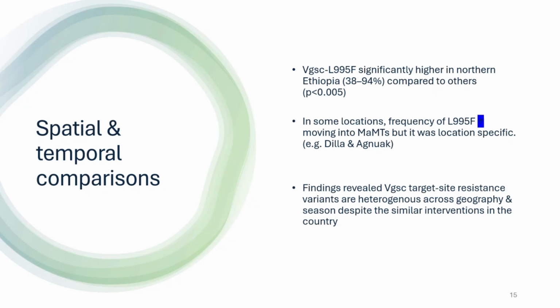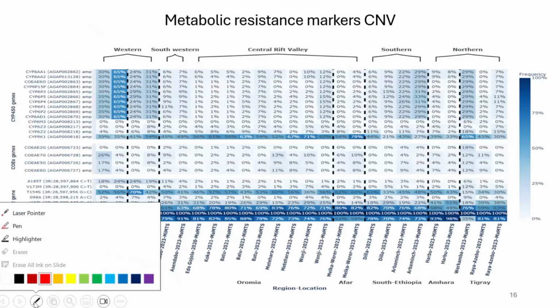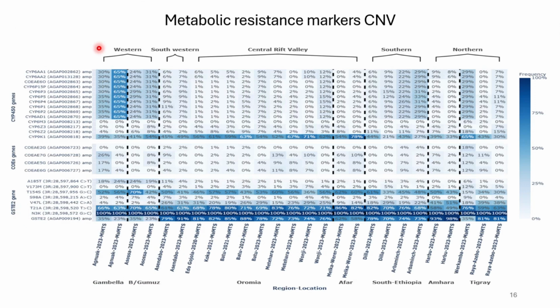Looking at the metabolic resistance markers, we also computed the frequency of copy number variation at the known metabolic resistance conferring genes targeting the CYP450 and the carboxylesterase gene, as well as the GSTE2 gene.